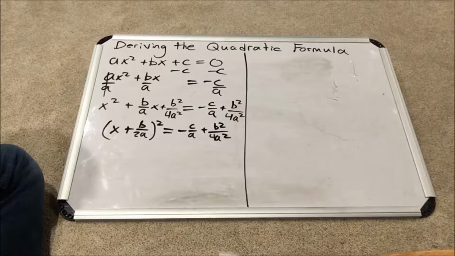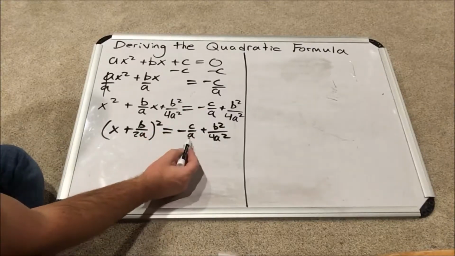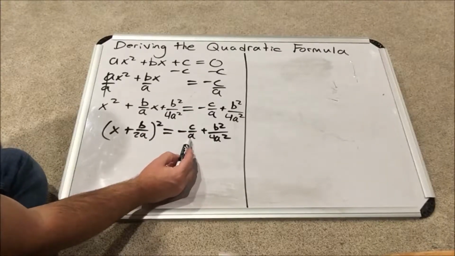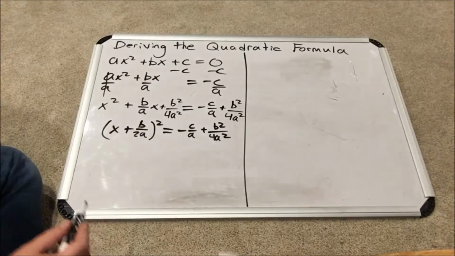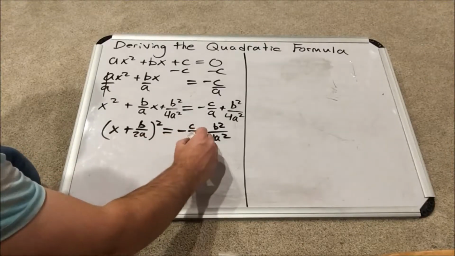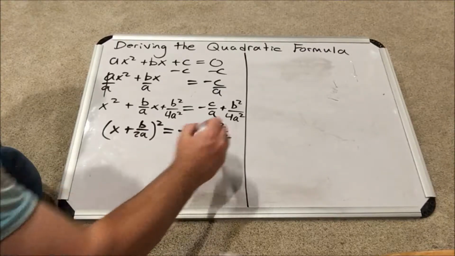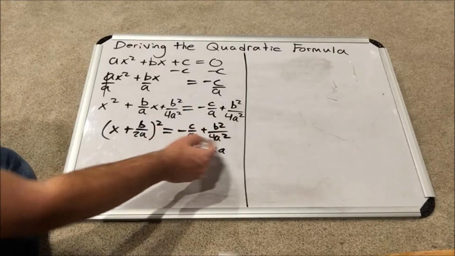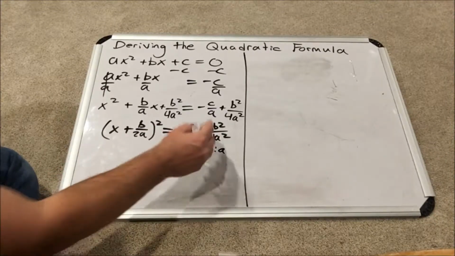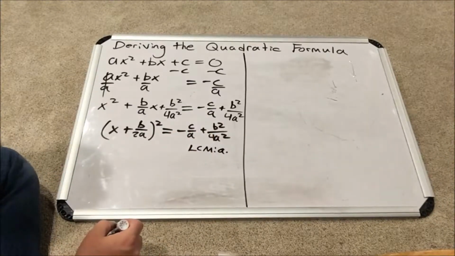Here's how you determine that in general. The least common multiple will have 1 copy of each common factor and 1 copy of each unique factor. So the least common multiple, LCM for short, is going to have an a, which each of these 2 denominators have, and then it's going to have 1 copy of each unique factor.